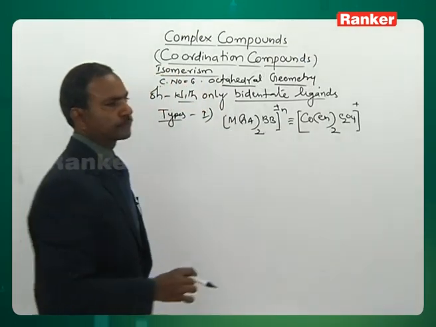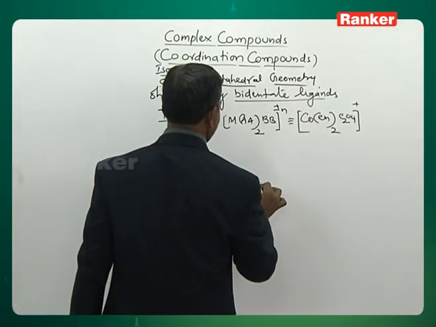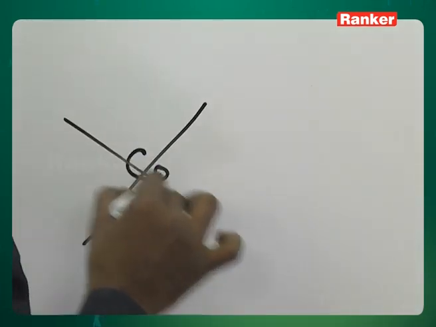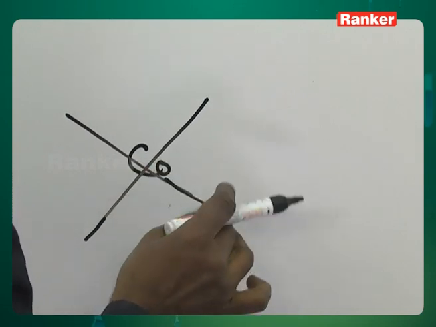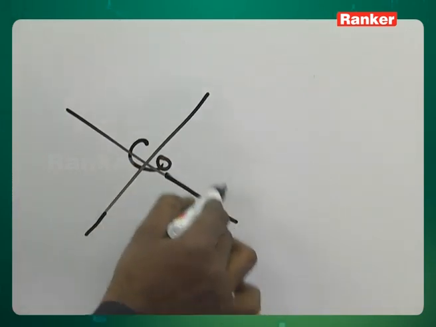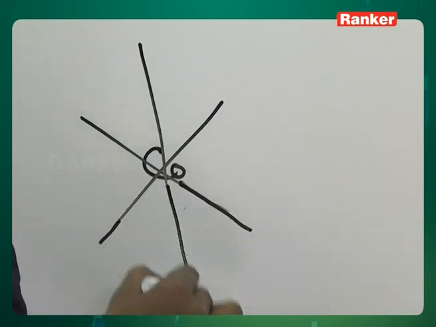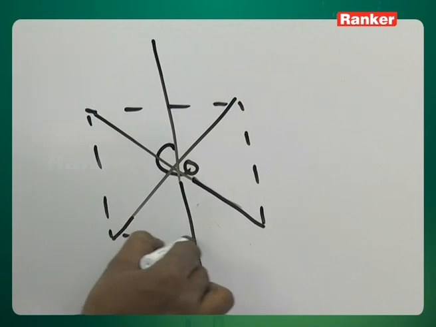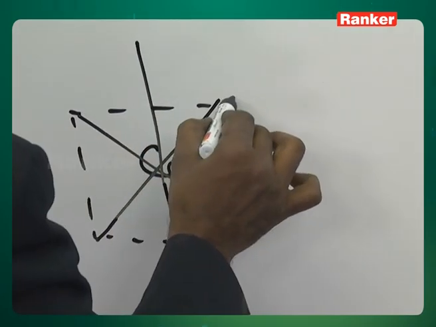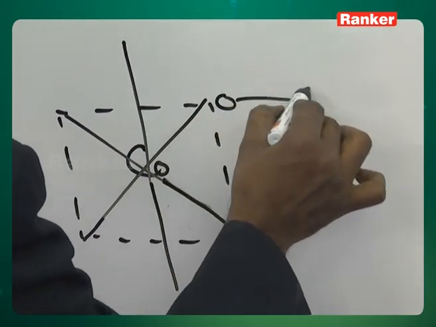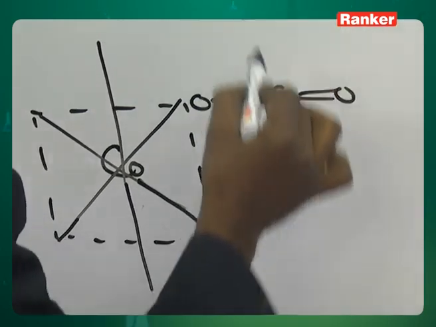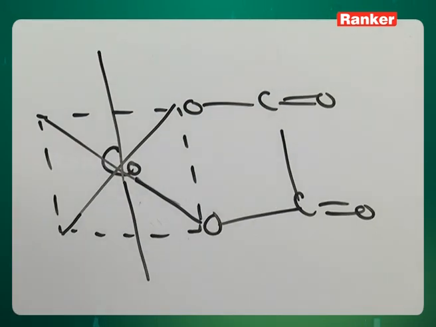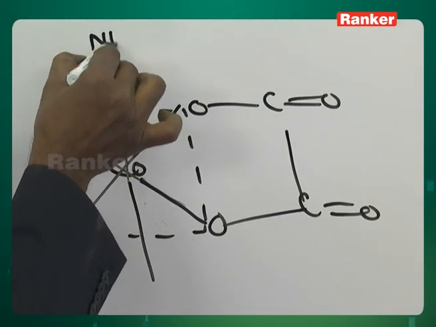See, one oxalate I have given, the oxalato ligand, then two ethylene diamines.